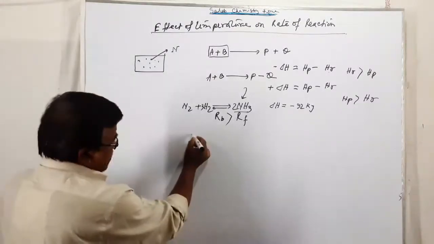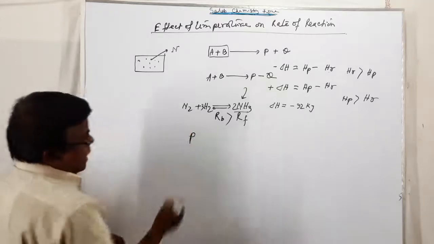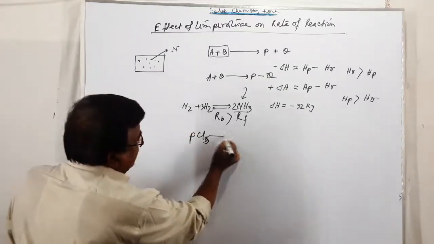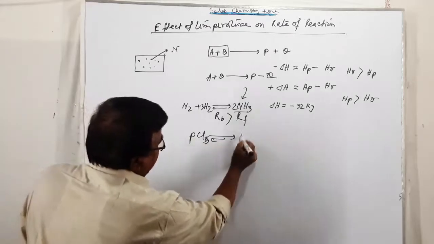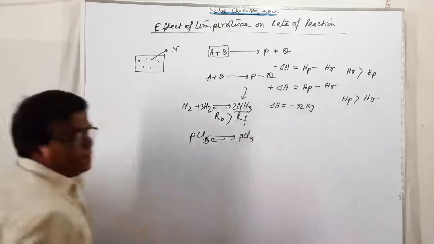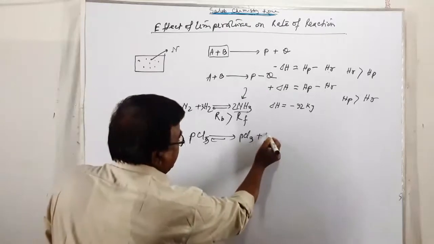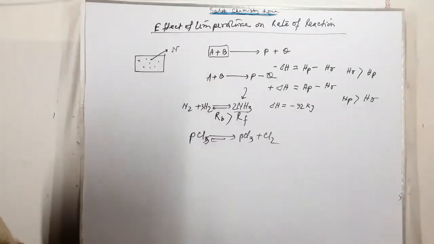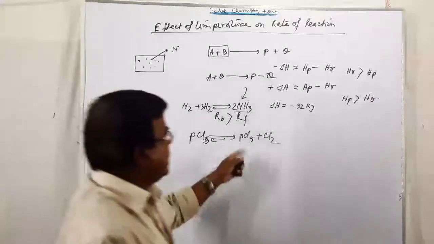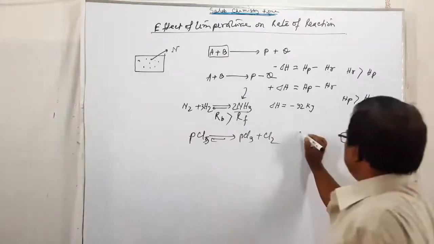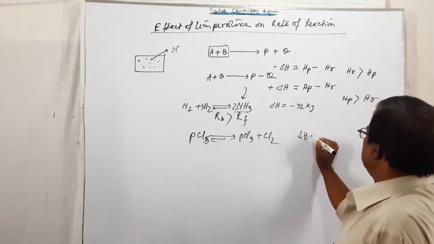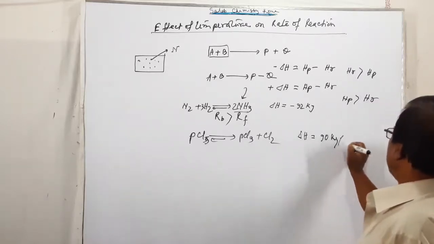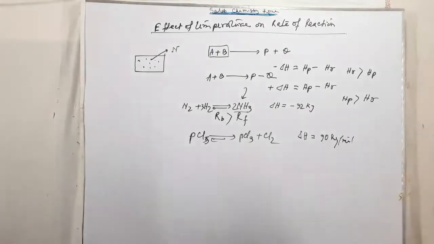In the case of an endothermic reaction, phosphorus pentachloride is a reversible reaction where phosphorus pentachloride dissociates into phosphorus trichloride and chlorine. Here change of enthalpy is equal to 90 kilojoule per mole.